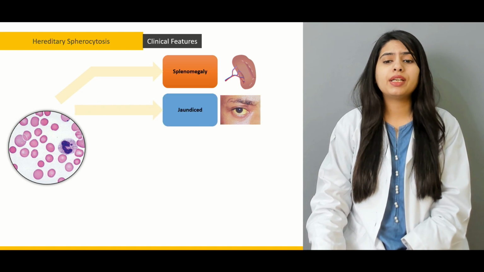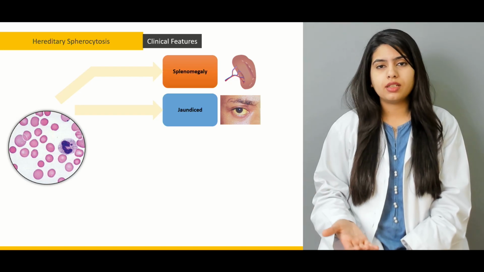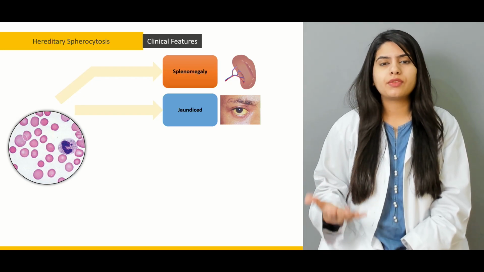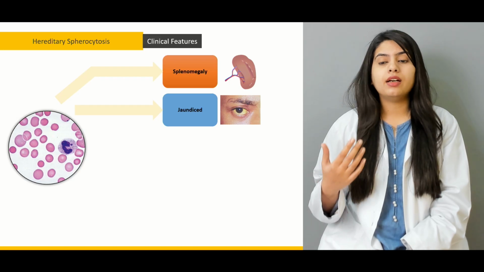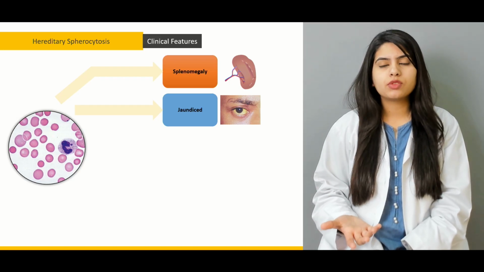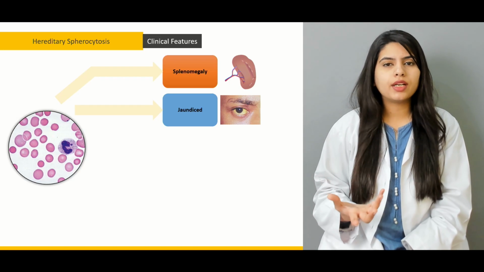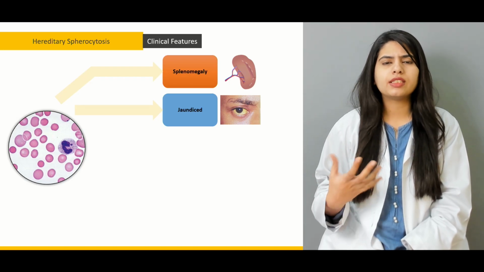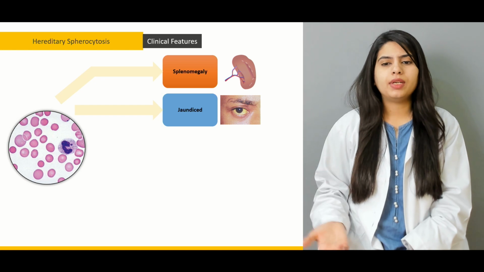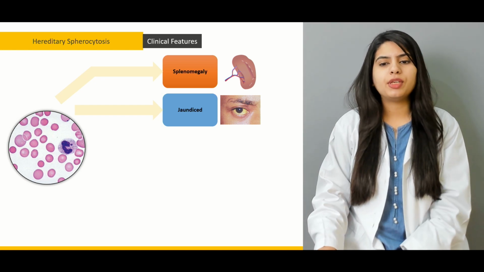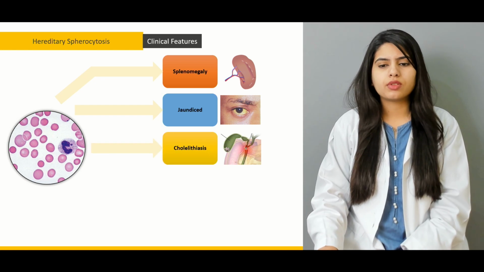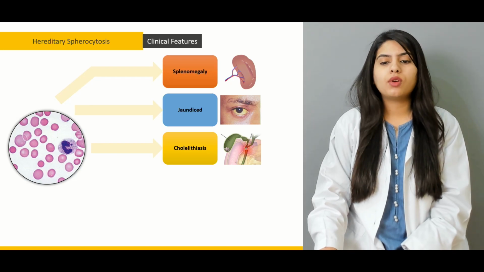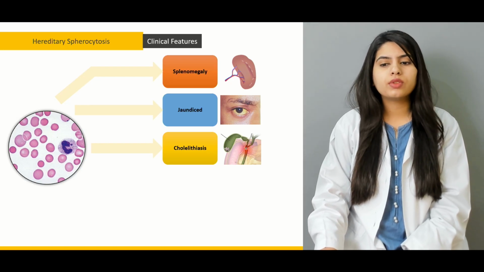Then the patient may be jaundiced. He will suffer from the different symptoms of jaundice, like yellow color of the skin, and abdominal pain. All of these symptoms will be manifested by the patient suffering from spherocytosis. There may be cholelithiasis, gallstones, due to this condition.